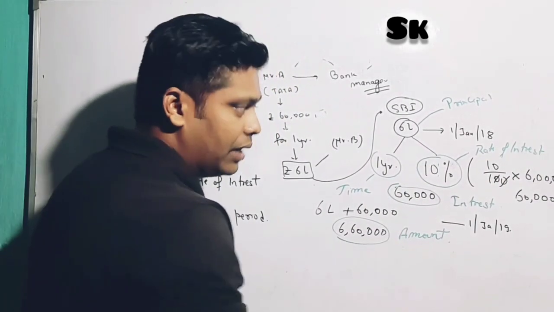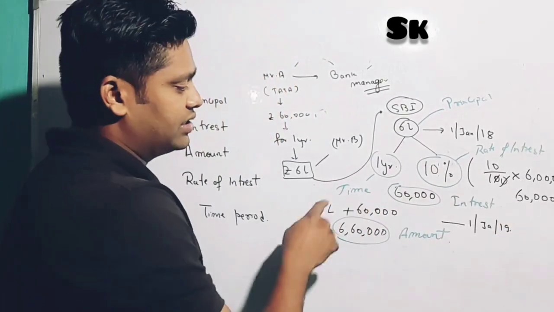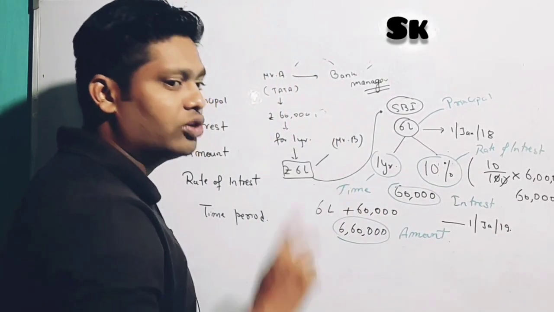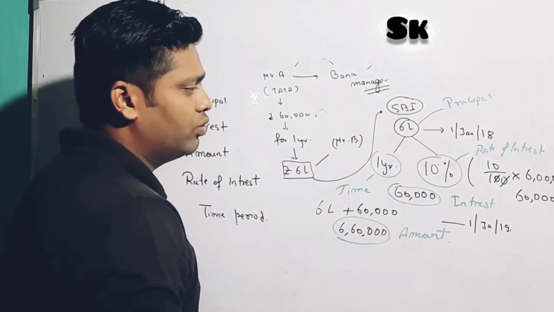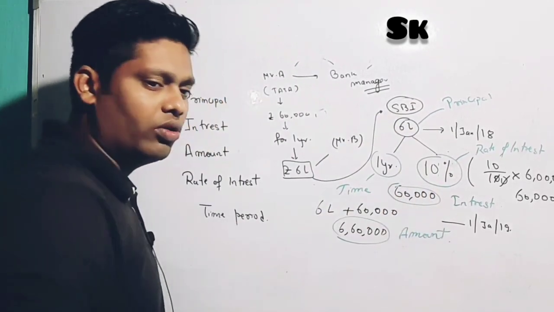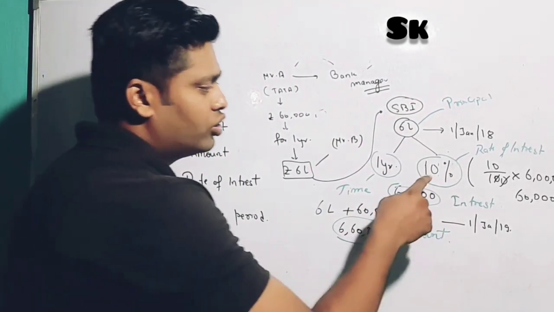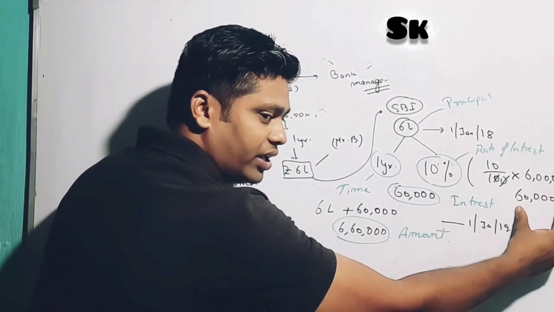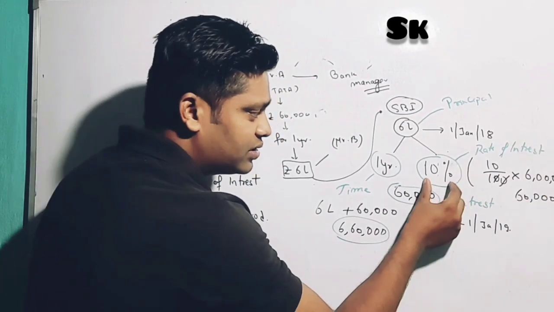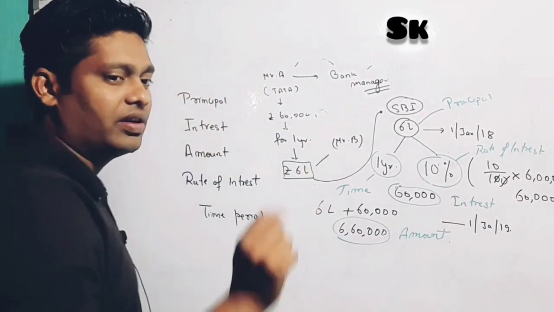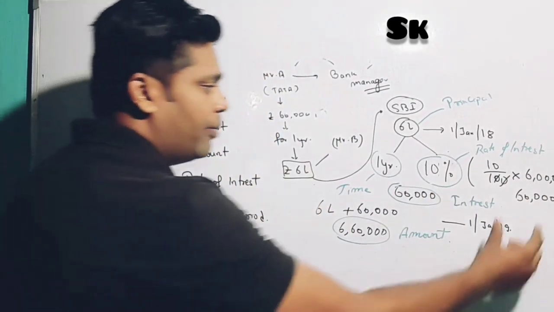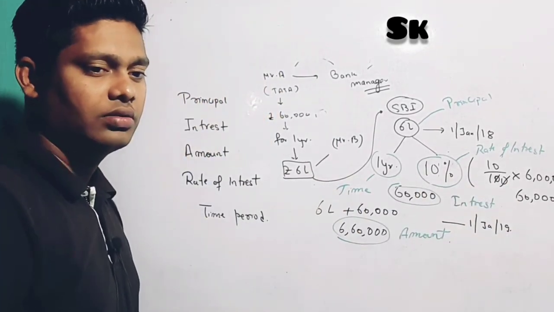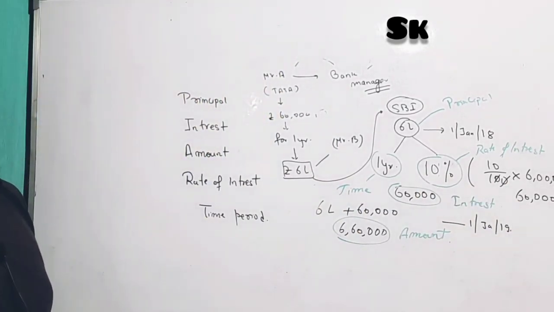If they give 60,000, I know that I gave him 6 lakh and I am going to get 60,000, so 6 lakh 60,000. But if they tell you only 10%, then you find it difficult. So whatever calculation you do on the original amount, that amount is your interest, and this is the rate of interest. Percentage sign means rate of interest. Amount means interest. Clear?